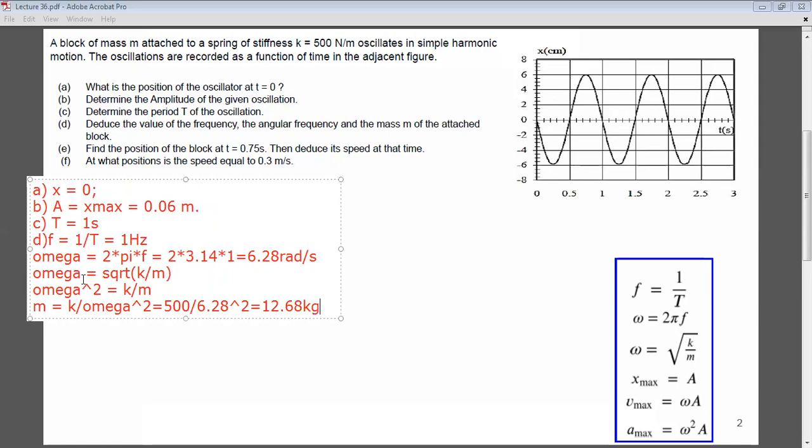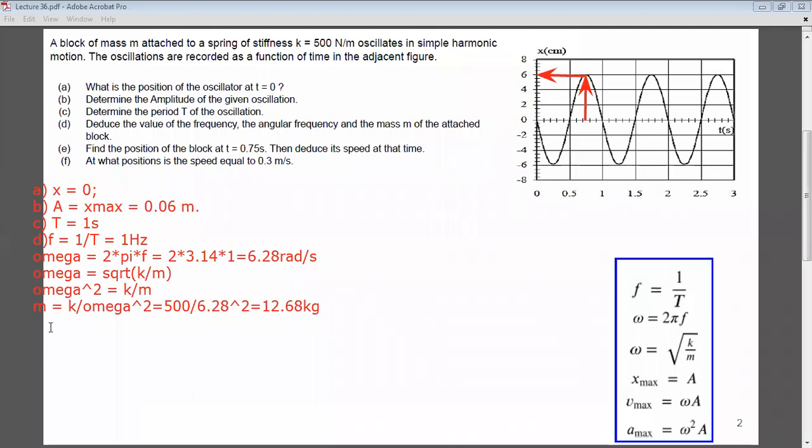Find the position of the block at t equal 0.75. So I come here, at 0.75, so it's exactly in the middle, okay? And we want to deduce its speed. So find the position first. So the position, from the x-axis, is 6 centimeters.